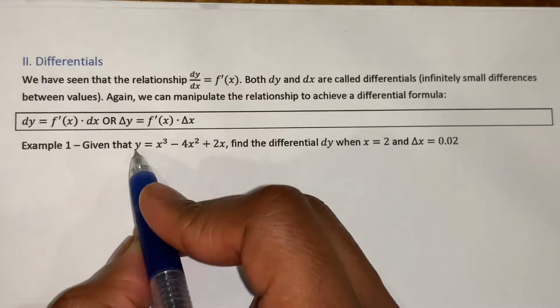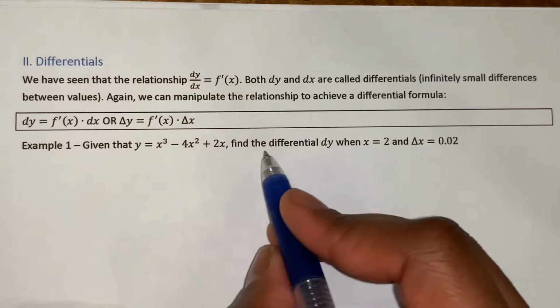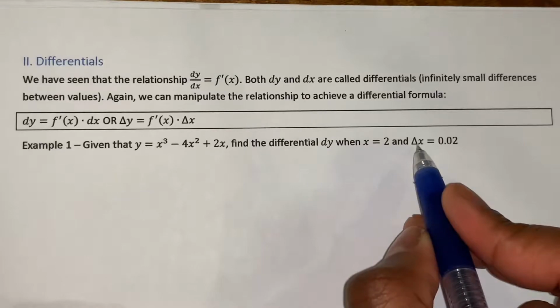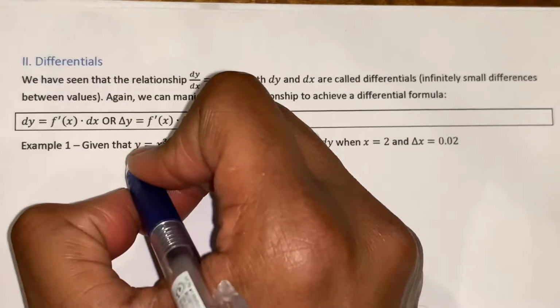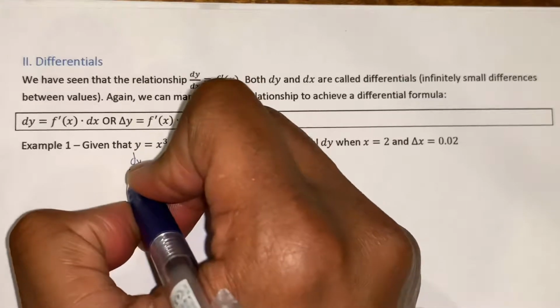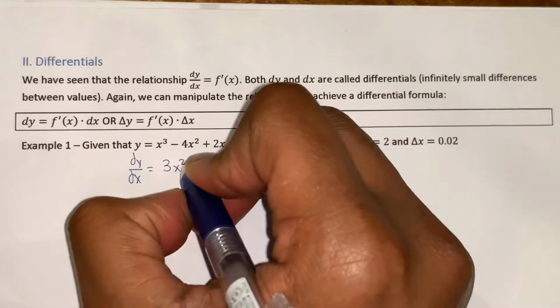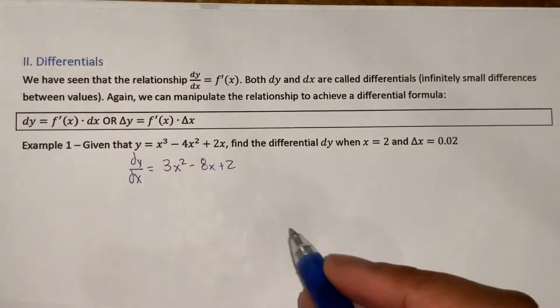So given that y equals x cubed minus 4x squared plus 2x, we want to find the differential dy when x equals 2 and delta x equals 0.02. So dy over dx is 3x squared minus 8x plus 2.